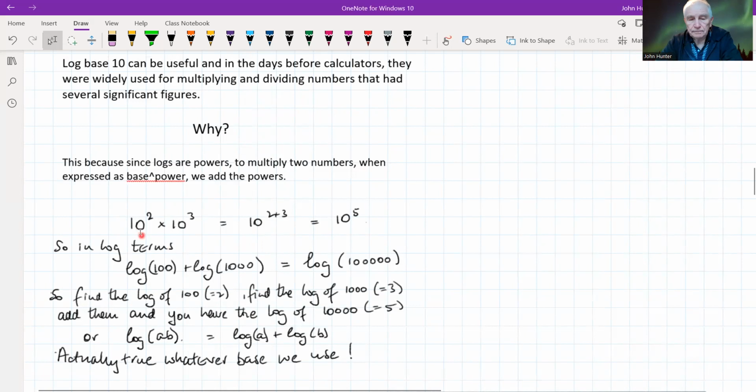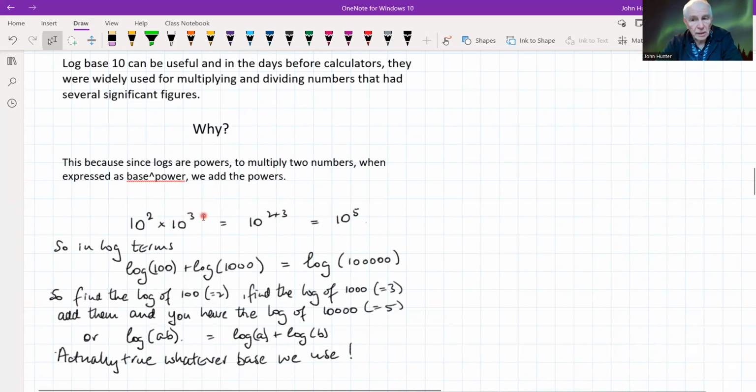So in other words, 10 squared times 10 cubed, just as a simple example, is going to be equal to 10 to the power of 2 plus 3. That's 10 to the power of 5. So by adding the logs, we could get the log of a result. The process we went through was to look up the log, base 10, of one number and of the other number.